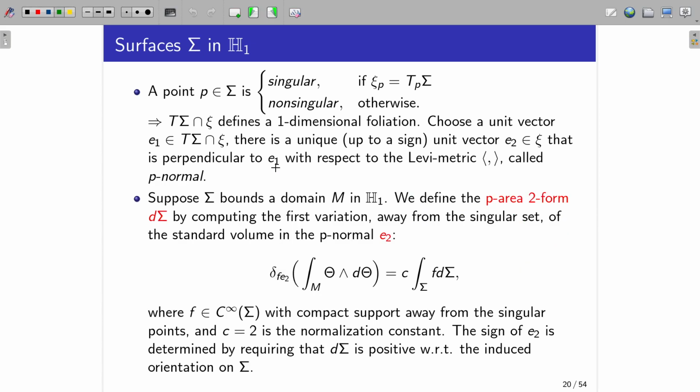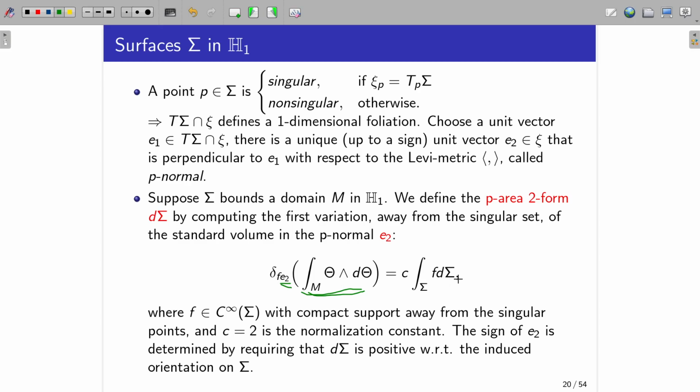So suppose the surface bounds a domain M in H1. We can define a p-area 2-form by computing the first variation, away from the singular points, of the standard volume in the p-normal direction E2. So we just make the variation along the normal direction. It's a volume, and we make a variation on the volume.